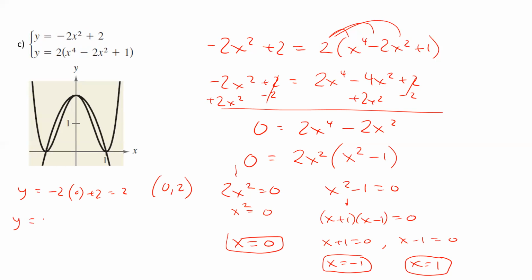Plug in negative 1 into the top. Let's see, negative 1 squared is 1. 1 times negative 2 is negative 2. Negative 2 plus 2 is 0. So 1, negative 1, 0. And here, hey, you know what? Whenever you square something, positive or negative, it's gonna be the same thing anyways, right?